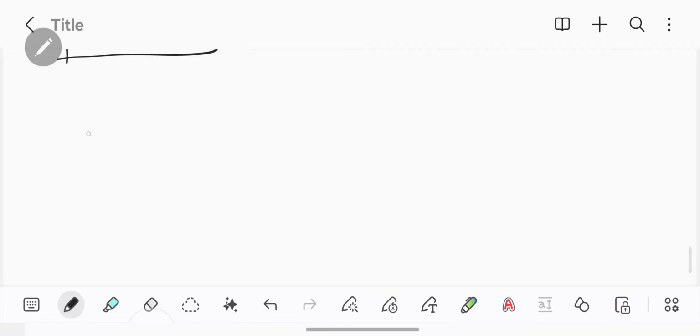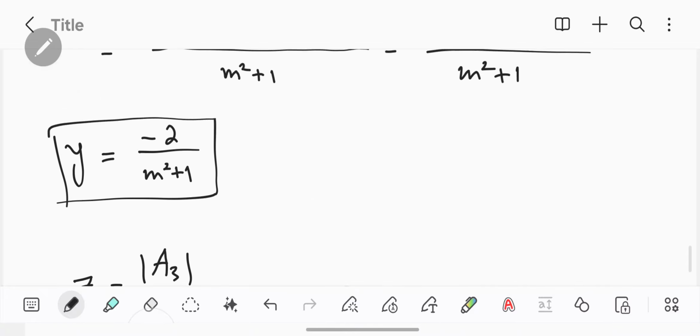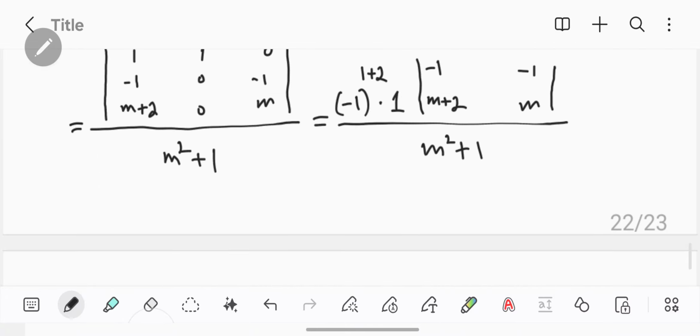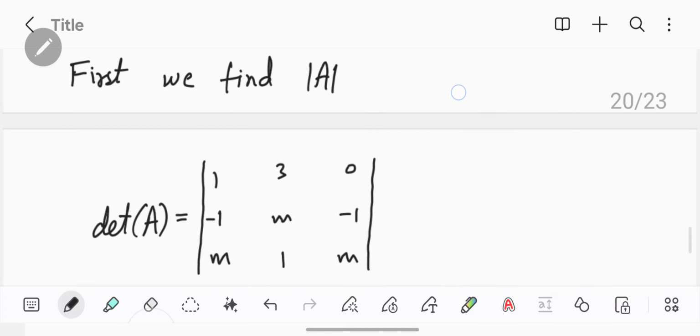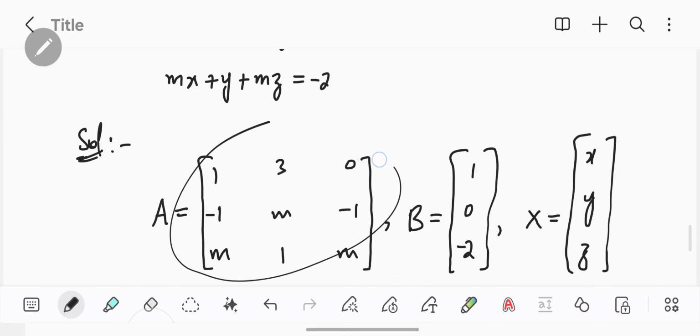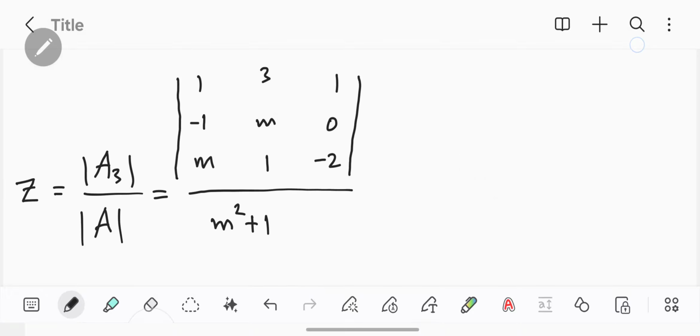Now we have to find the value of z, which is the determinant of A3 over determinant of A. Since the determinant of A3 is obtained by replacing the third column by B in the matrix A. So this is the matrix A. If I replace the third column by matrix B, then I will get A3.